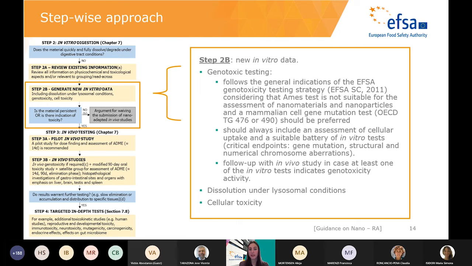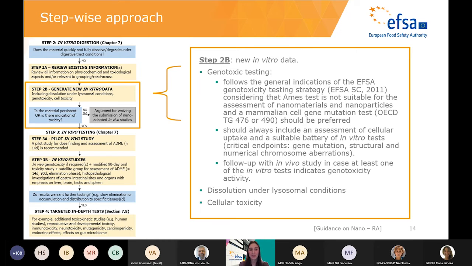It should always include an assessment of cellular uptake and a suitable battery of in vitro tests with critical endpoints such as gene mutation, structural and numerical chromosome aberrations, and should be followed up with an in vivo study later at the stage of step 3B, in case at least one of the in vitro tests indicates genotoxic activity.